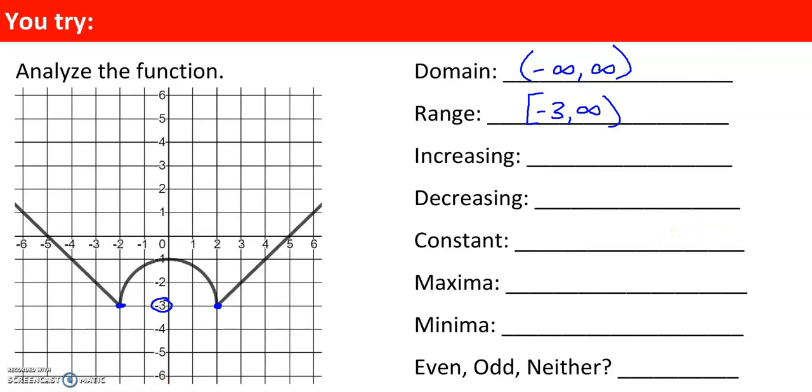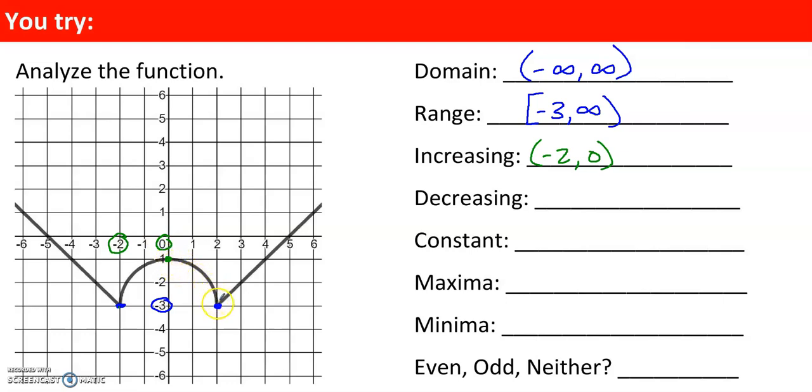Okay, where is this thing increasing? So if I think about tracing the graph from left to right, I'm not increasing now, but right here at -2, I will start increasing, won't I? And I think I'll stop right there. So part of my answer for where I'm increasing is that I'm increasing from -2 to 0. Starting at 0, though, I'm decreasing.